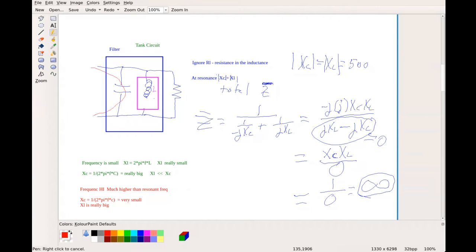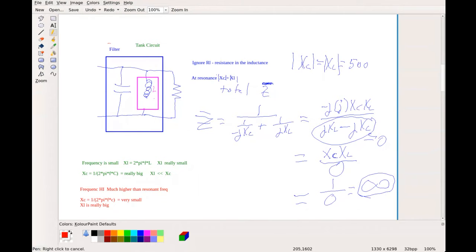It's still not getting over here to our load, to our speaker or whatever. It's bypassing all that and going through here, and so we prevent it from getting to the load.